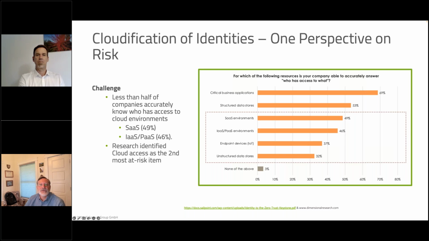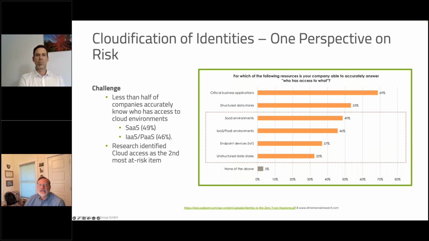Can you accurately identify who has access to what? And for in-house critical business applications, 69% of the respondents said, yeah, that they had control over that. Not great, but it's a great start.